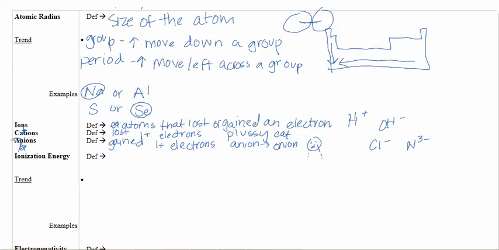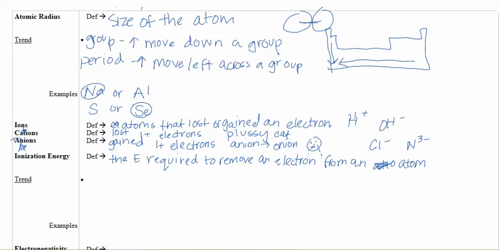Okay, so ionization energy, how do these things relate? Now you know what an ion is. So ionization energy is the energy required to remove an electron from an atom.